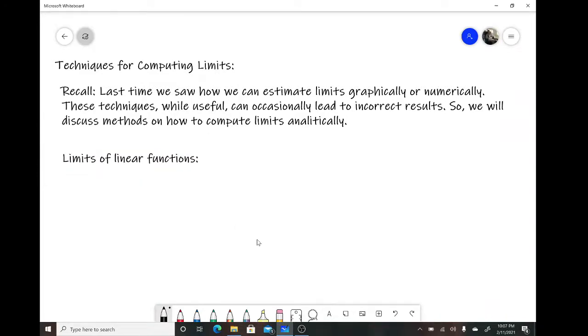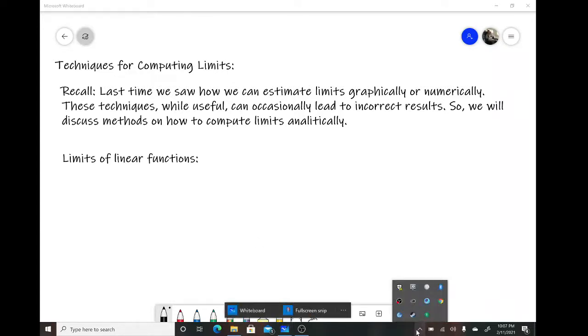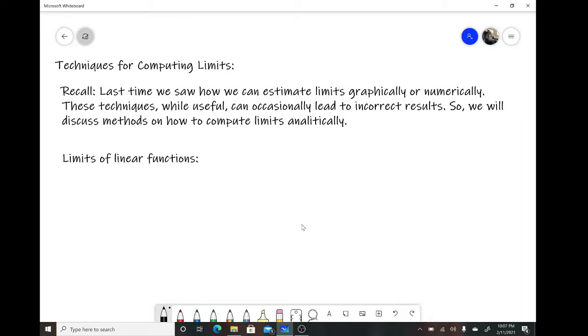Recall that a linear function is a function of the form y equals mx plus b, and the graph of a linear function is a straight line. So that's something that we should all remember from pre-calculus.